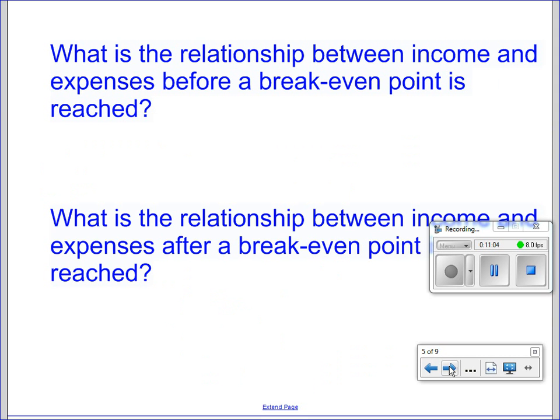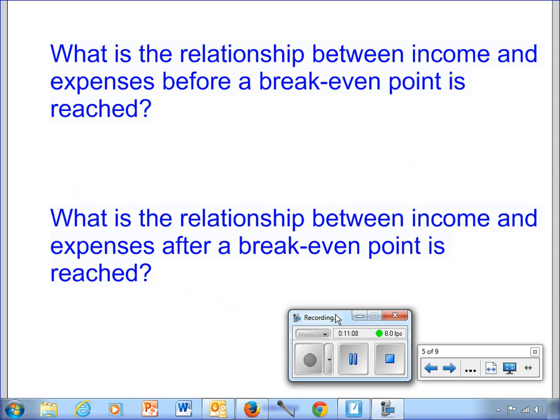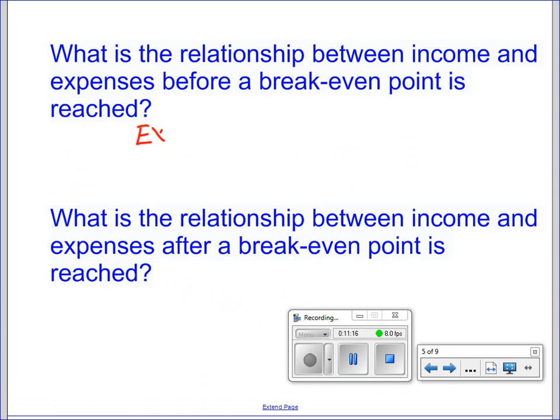All right, so what is the relationship between income and expenses before a break-even point is reached? Well, our expenses are greater than the income.